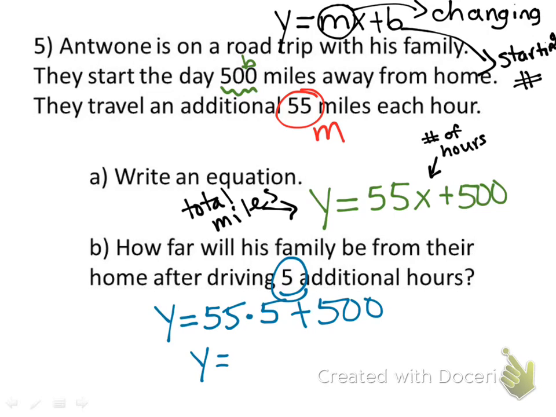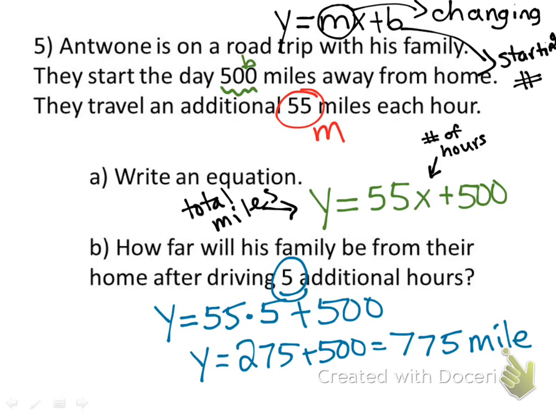Yes, you end up with 275 plus 500? Yes, so 775. What are these? Miles. Very good. What are your questions on example 5?